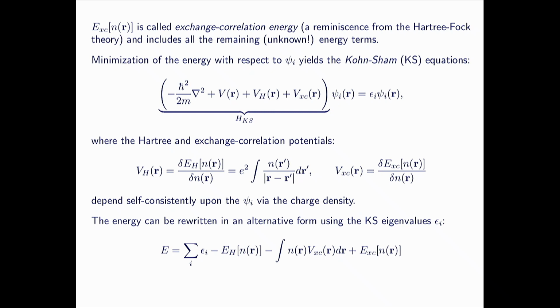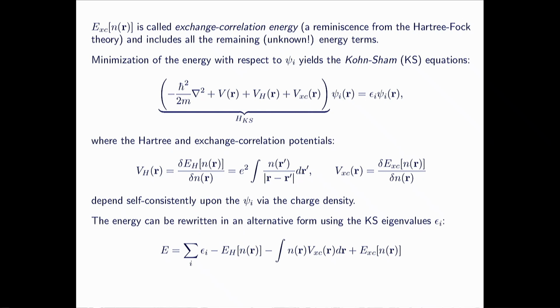Then, by minimizing the energy, one finds the effective potential acting on these non-interacting electrons, this auxiliary system of non-interacting electrons, and this is the form. So it's a traditional Hamiltonian with an effective potential and a kinetic part. And so we have to solve these equations called the Kohn-Sham equations.